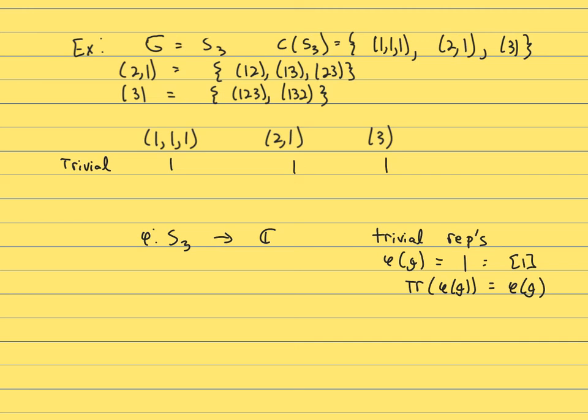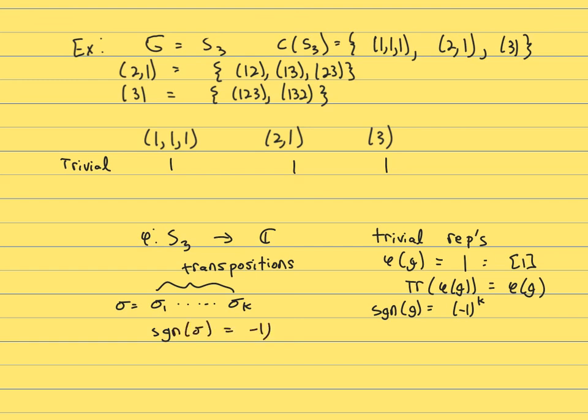Another representation we've seen in this course for the symmetric group is called the signature representation. It's -1 to the, we'll call it k. So here we have to remember, if you write sigma as a product of k transpositions, then the signature is -1 to the k.